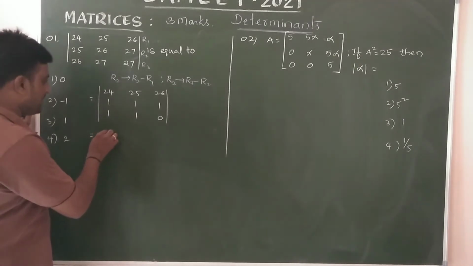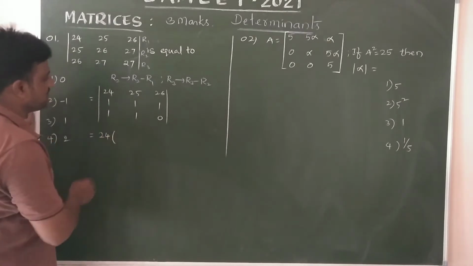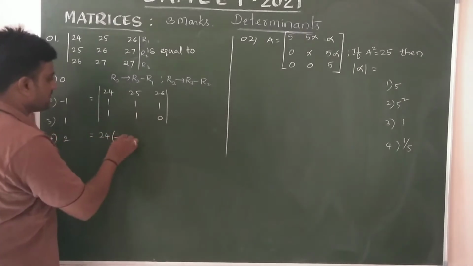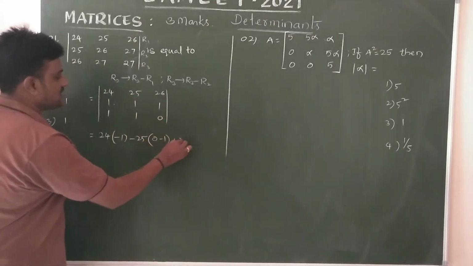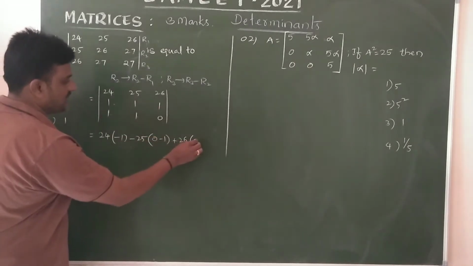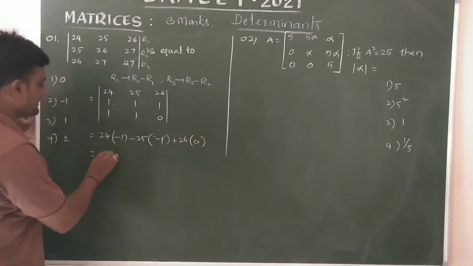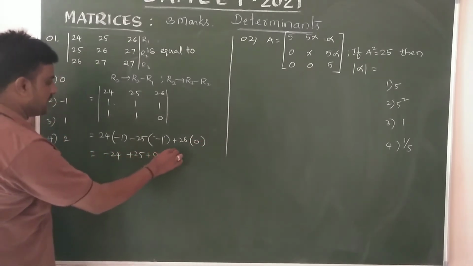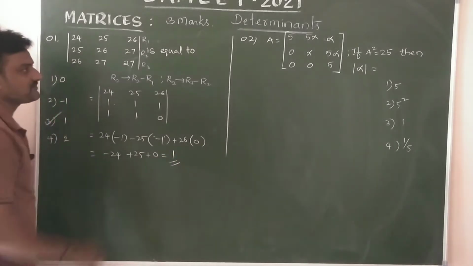So 24 into, now expand it, 24 into 0 minus 1, minus 25 into 0 minus 1, plus 26 into 1 minus 1, 0. Now it is minus 1. Then minus 24 plus 25 plus 0. That is 1. Our answer is the third one.